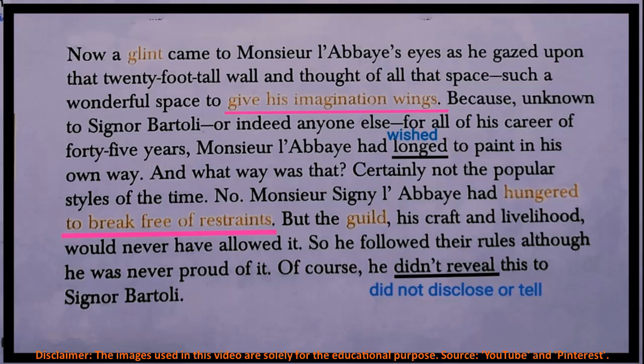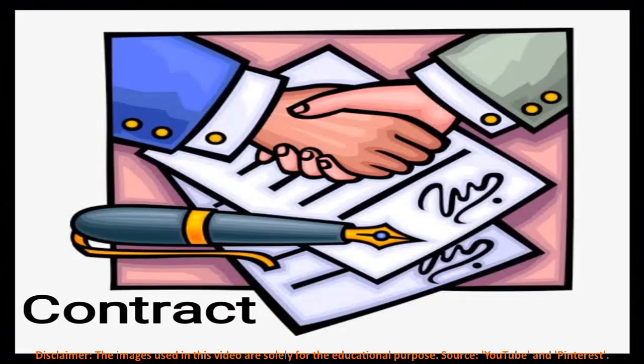In that time the guild was very powerful, and whatever rules and regulations they had formed, all the craftsmen, painters and artists had to follow. And this artist wanted, after his retirement, to get freedom to paint in his own style or the way he wanted. Now both of them agreed.